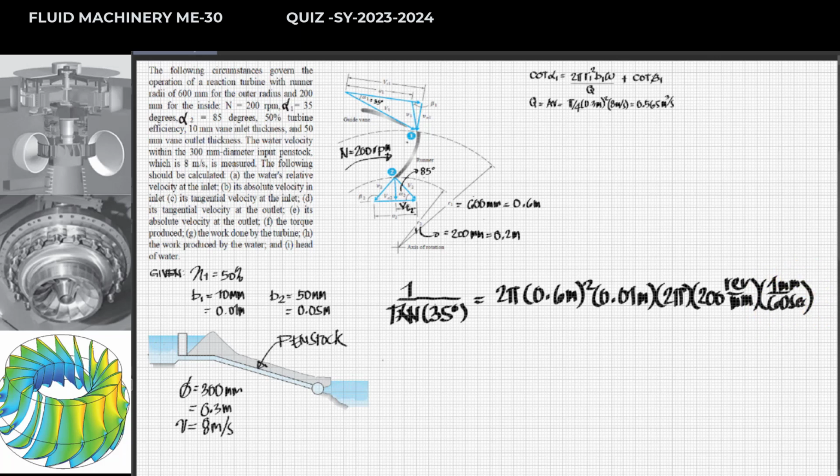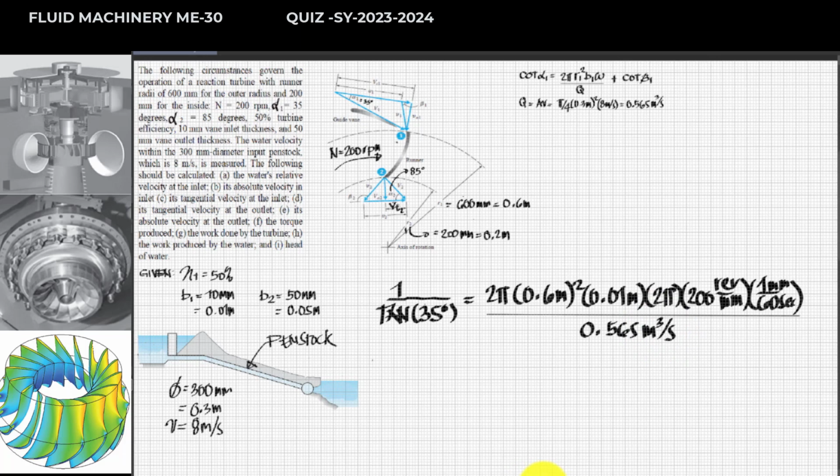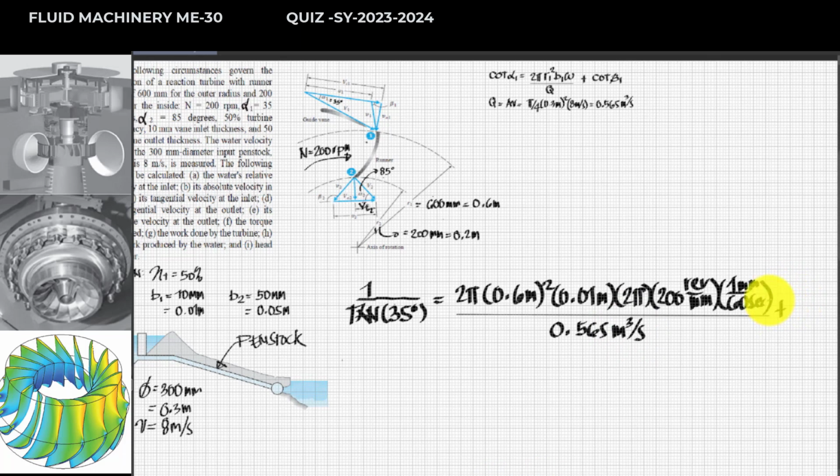And this is all divided by the given value of the volume flow rate, 0.565 cubic meters per second. Then I'm going to add, from the equation, the cotangent of beta, which is 1 over tangent of beta, which is unknown to the problem. So we need to determine that in order to solve the relative velocity.